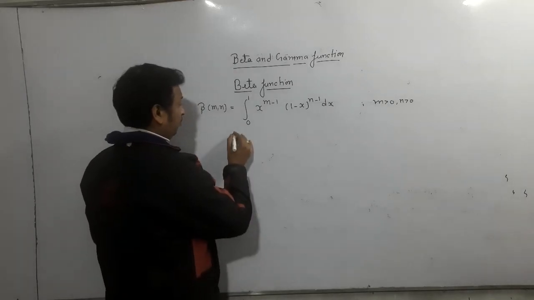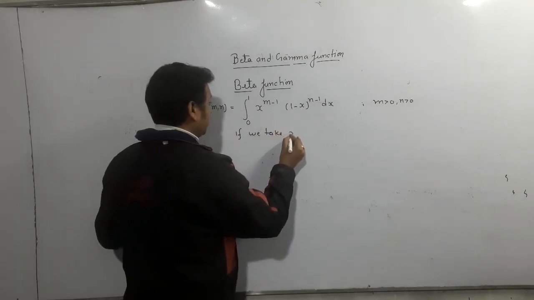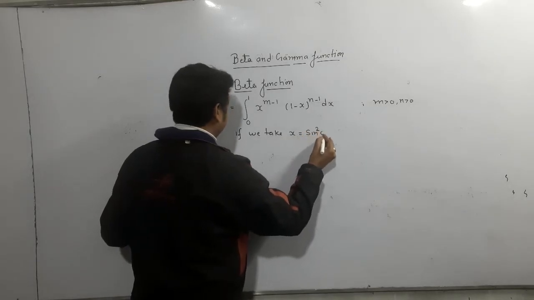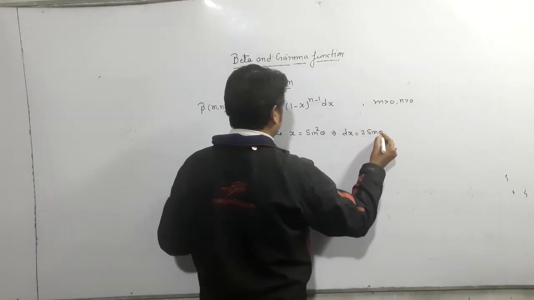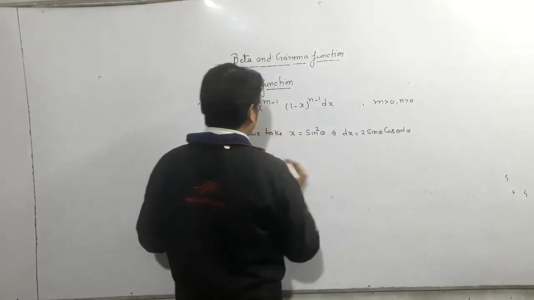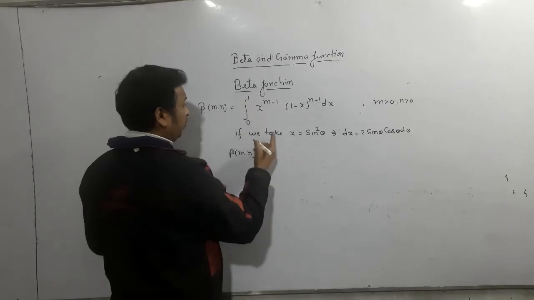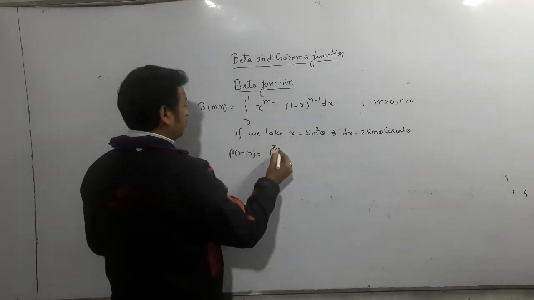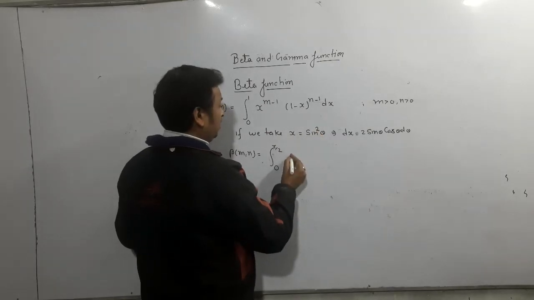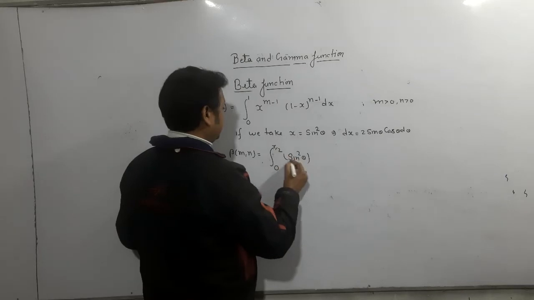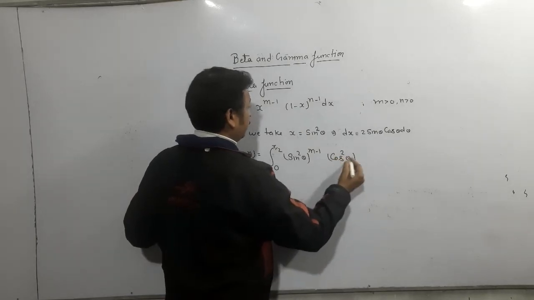If we take x value as sine square theta, then what is dx? dx is 2 sine theta cos theta d theta, and the integral becomes, when x is 1, theta is pi by 2, and when x is 0, theta is 0. x to the power m minus 1 becomes sine square theta power m minus 1. 1 minus sine square theta means cos square theta power n minus 1.